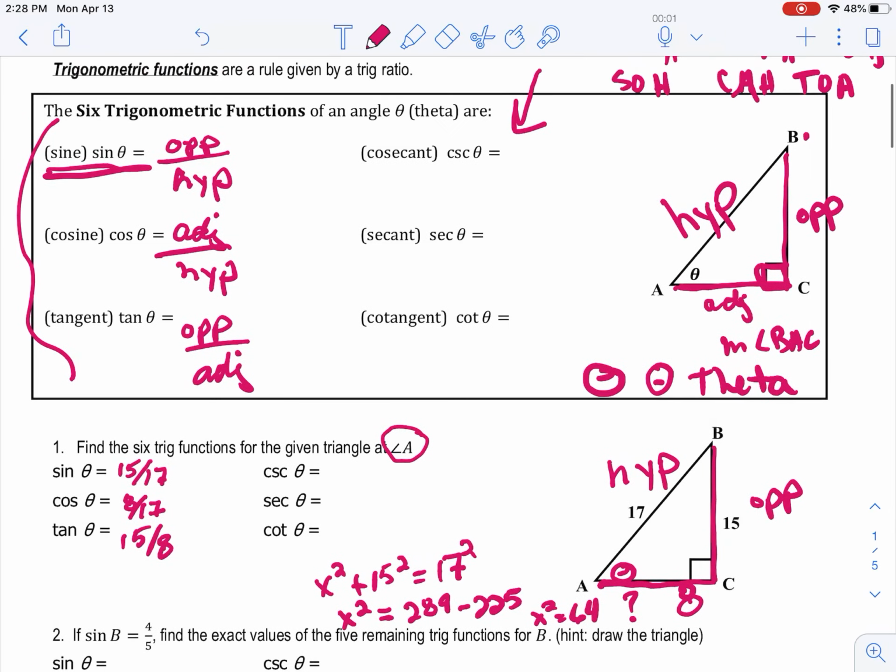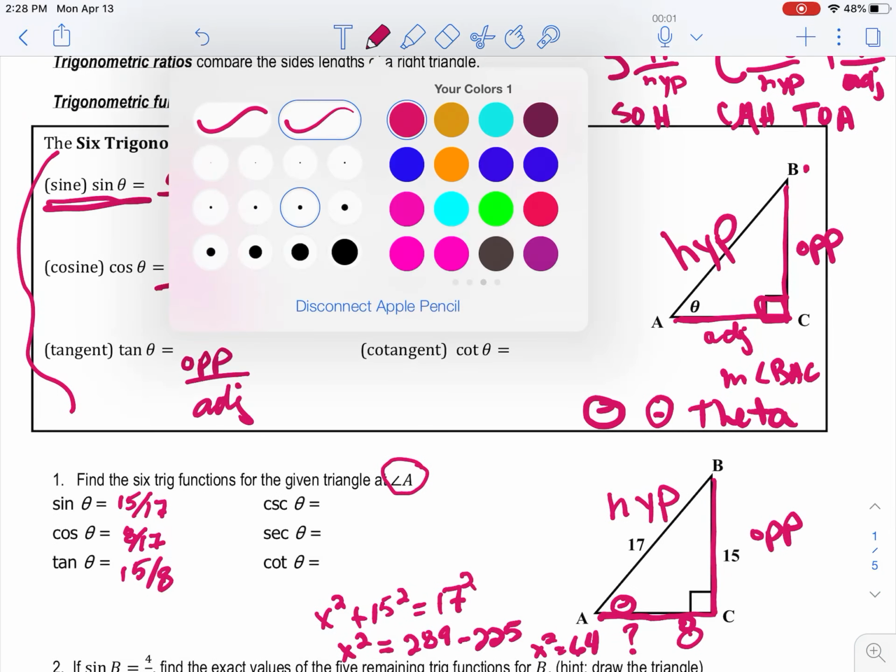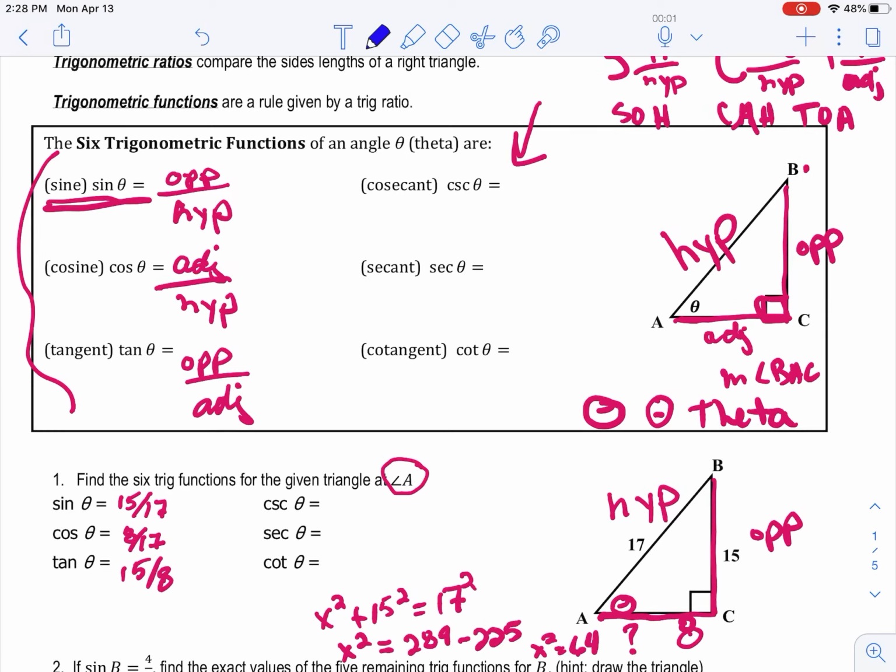Okay, so for these other 3 new functions, these are really just the reciprocals of your originals. So S and C go together. When you think of sine, cosine, tangent, you always say sine and cosine. There's an S and a C. When you think reciprocals, there also has to be an S with a C word.